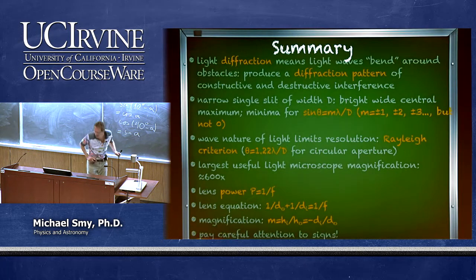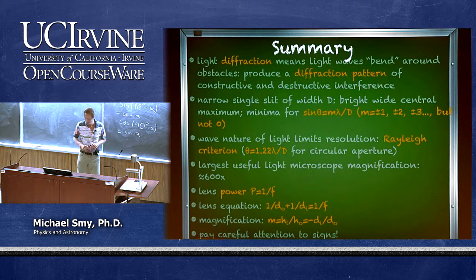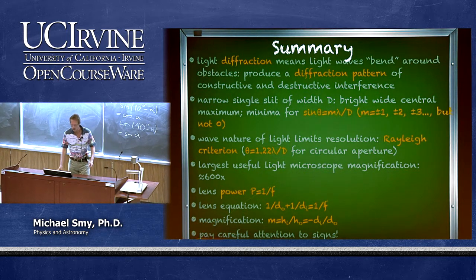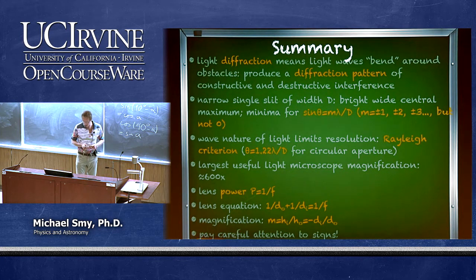So let me summarize the chapter about diffraction and polarization. First of all, light diffraction means that light waves bend around obstacles, and it produces a diffraction pattern of constructive and destructive interference.